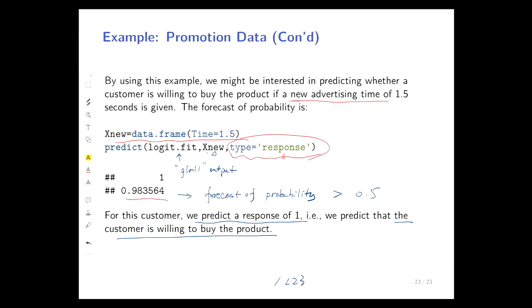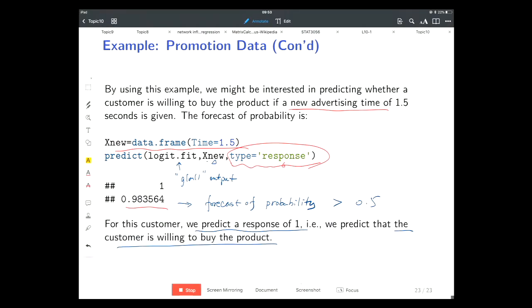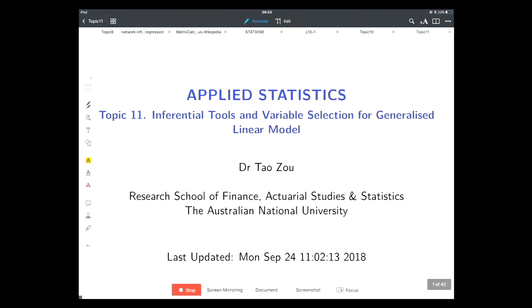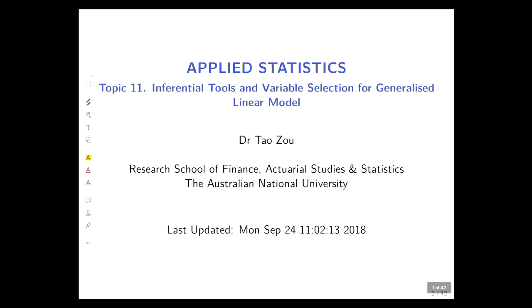Okay, if there is no question, in the next lecture I'm going to talk about the inferential tools and the variable selection for the generalized linear model. Even though for now we only talk about one generalized linear model, this topic can be applied to all the other generalized linear models which are going to be talked about later in this course.